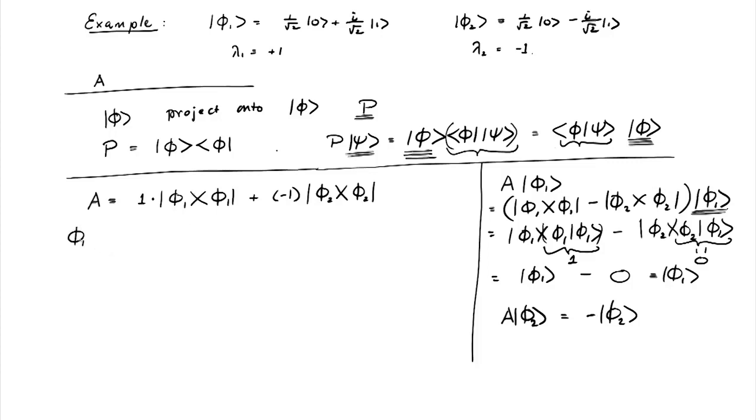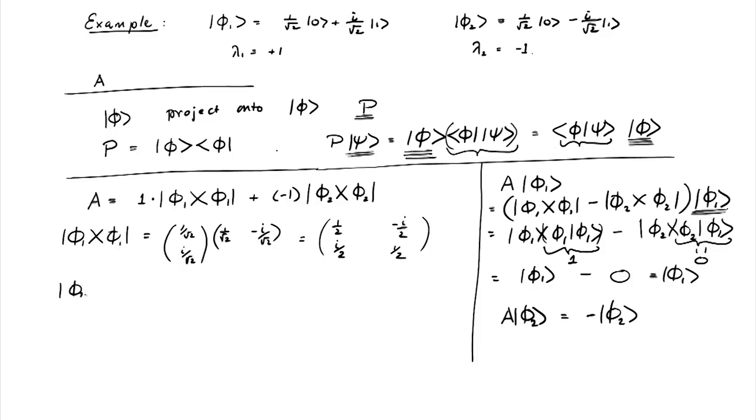Okay, so what's phi 1 bra phi 1? It's 1 over square root 2, i over square root 2, times 1 over square root 2, minus i over square root 2, right? Conjugate. So what's this matrix? It's 1 over 2, minus i over 2, i over 2, and then that gives you minus i squared, which is 1/2.